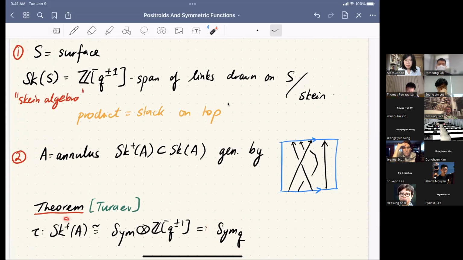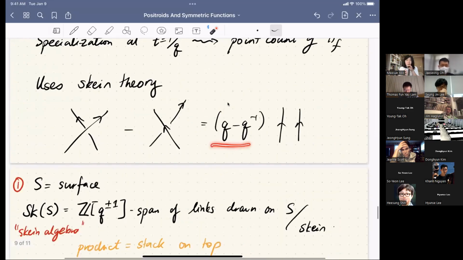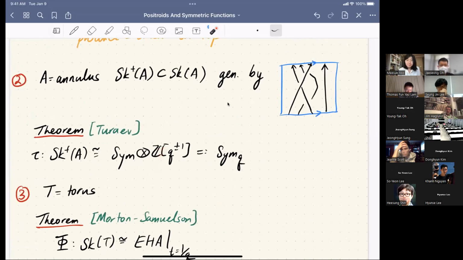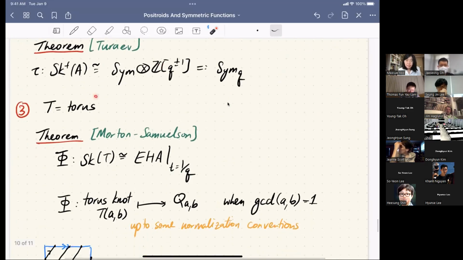There's a plus here, which I won't explain, but you essentially get symmetric functions tensored with Q. There's a q in the skein relation, and it's the same q here. Then if you take the surface to be a torus, there's a theorem of Morton and Samuelson which says that the skein algebra of the torus is isomorphic to the EHA evaluated at t equals 1 over q.